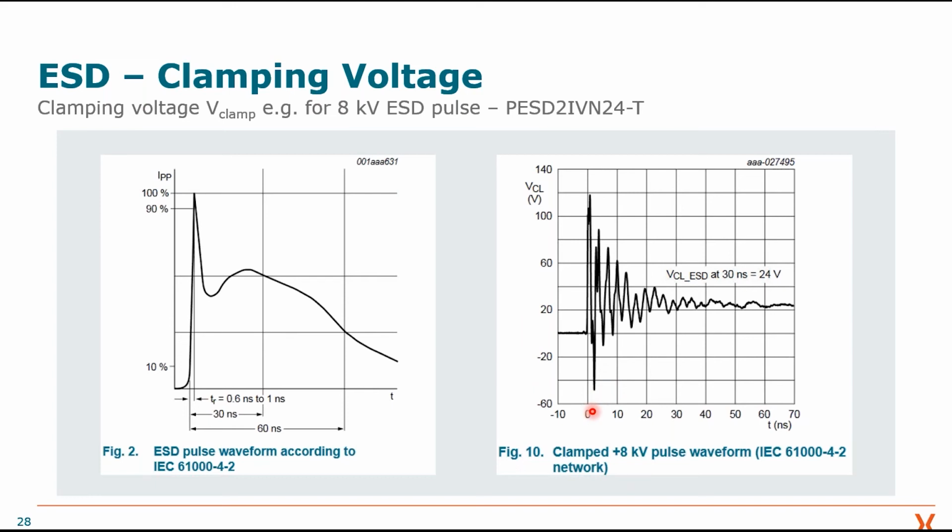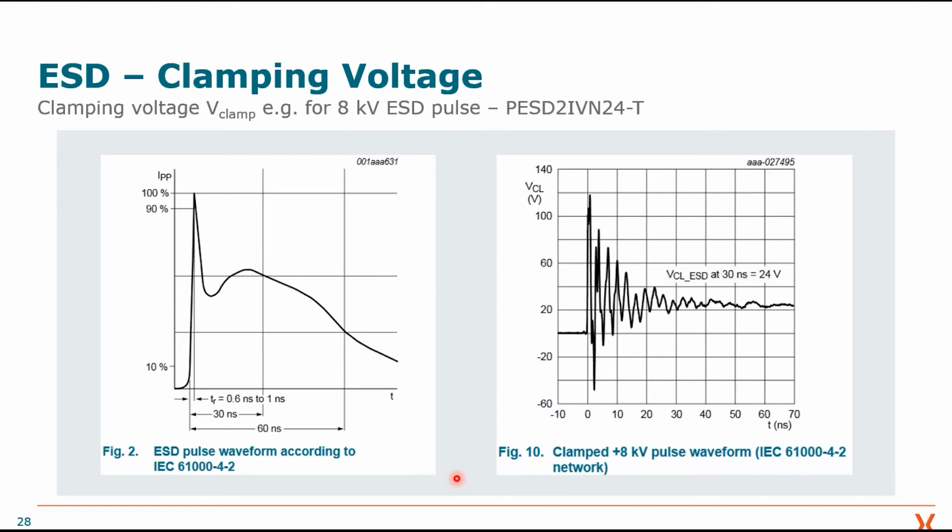And this 24 volt clamping voltage is taken here at 30 nanoseconds. This is according to the pictures on the left side, and it is defined by history.